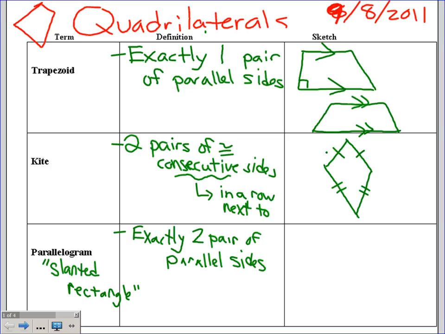Another way of writing this is you could say opposite sides are parallel. That's the symbol for parallel. Opposite sides are parallel. Exactly two pairs of parallel sides. You could also say opposite sides are parallel.